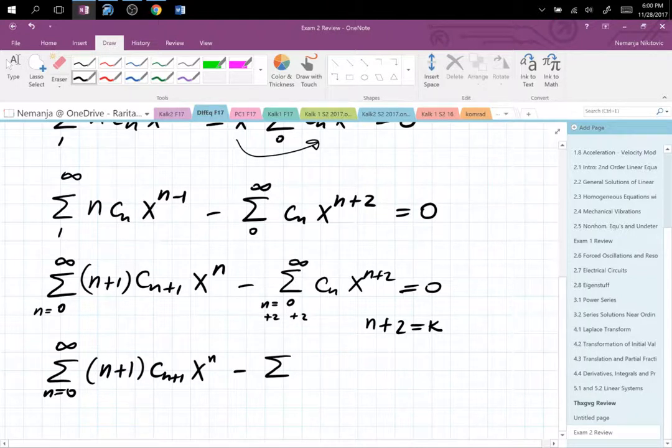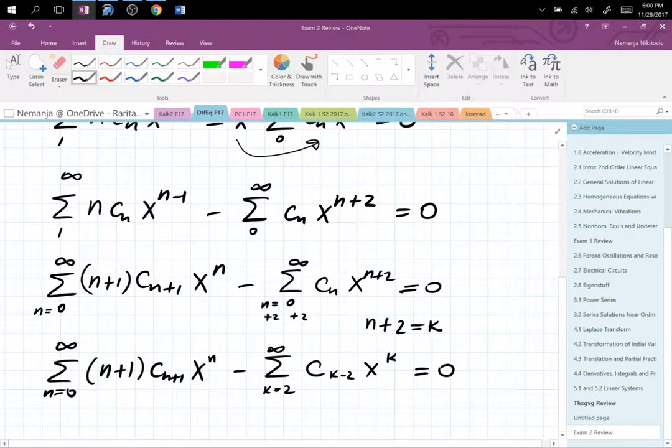And now I'm replacing, so if I add 2 to both sides over here, I have n plus 2, which is k, and that's now at 2, and there is infinity over here. And then this is going to be c of k minus 2, and x to the k.